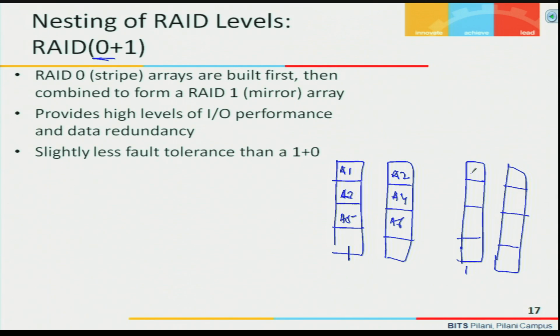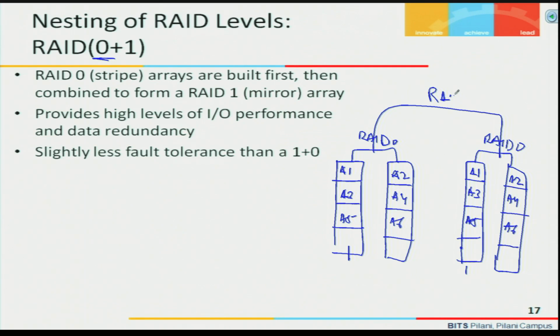And now, here also you do the same striping, A1, A2, A3, A4, A5, A6. So, this is your RAID 0, this also RAID 0, and now because it is mirrored, this becomes RAID 1, and finally it looks like RAID 0 plus 1.